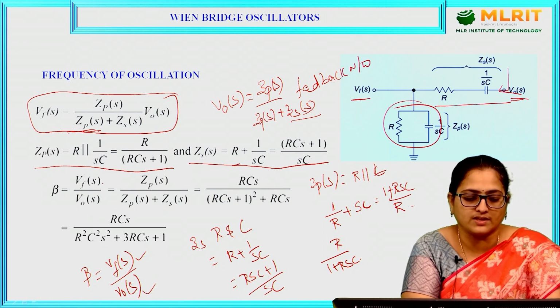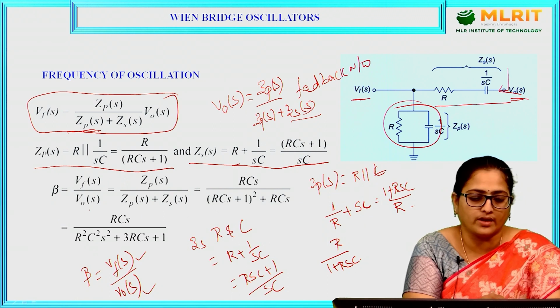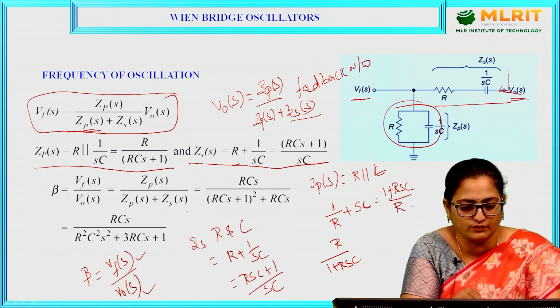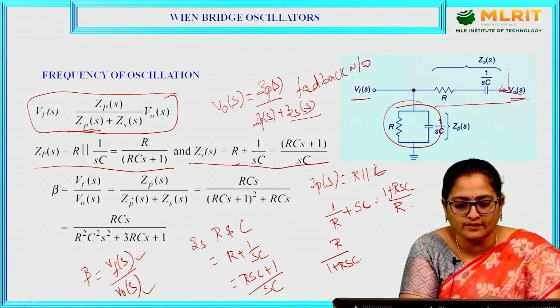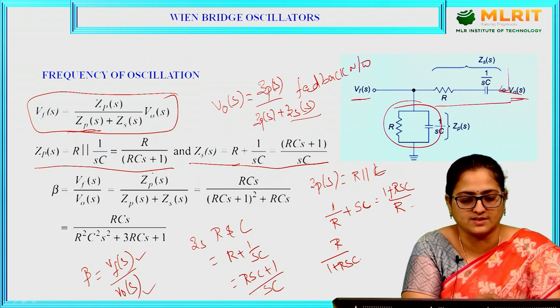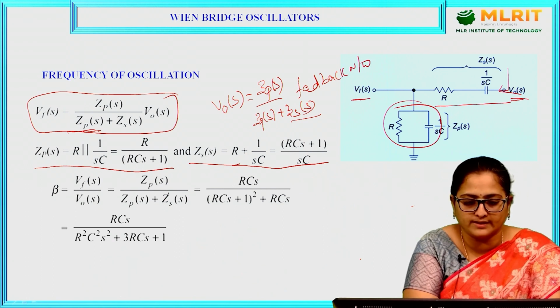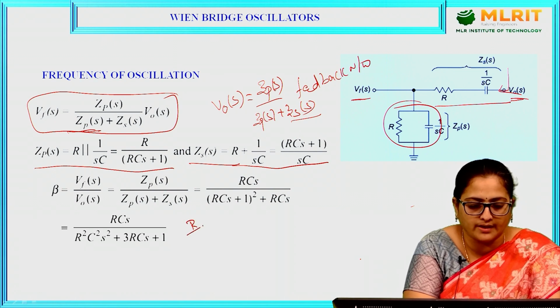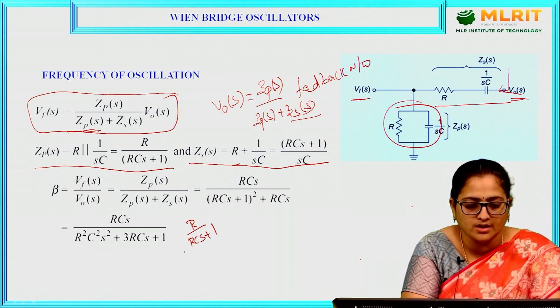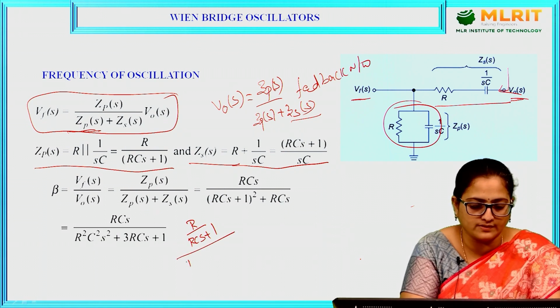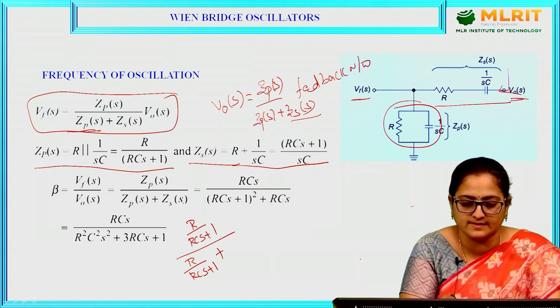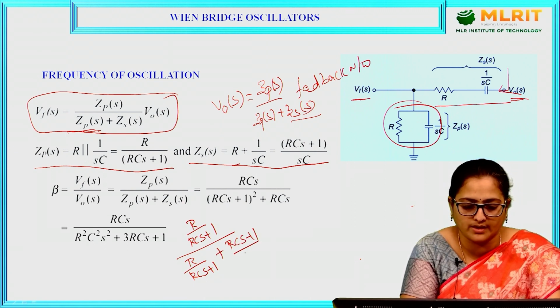So, beta can be given as Vf of S by V0 of S, which from this equation you can write as Zp of S divided by Zp of S plus Zs of S, where Zp of S can be substituted with R by RCS plus 1 and Zs of S can be substituted with RCS plus 1 by SC. If you substitute, beta is given with R by RCS plus 1 divided by R by RCS plus 1 plus RCS plus 1 by SC.